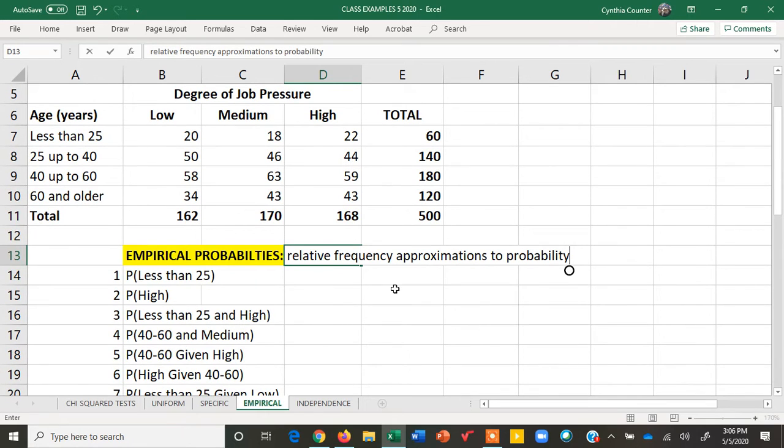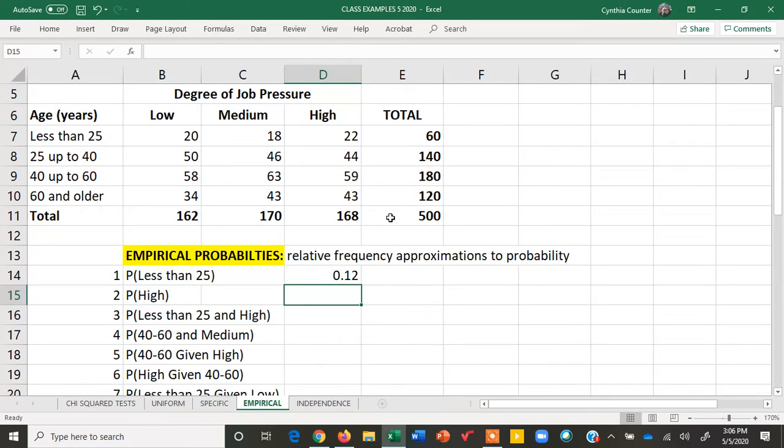So let's look at some of these. So the probability that someone in this table is less than 25 years old. Well, that's straightforward, right? Because there are 60 individuals who are less than 25 years old out of a total of 500 individuals. So that gives us 0.12, or 12% of the people represented in the table were less than 25 years old.